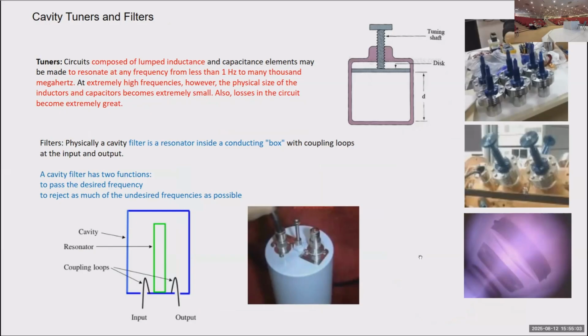And this is a real photo of that one, and this is the cavity with plunger pistons. If you press the pistons, then you will lose some of the volume, and the frequency will be changed. And of course, you can take it out, then the frequency will be high with respect to their sizes.